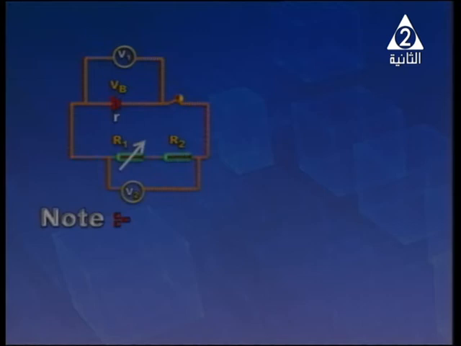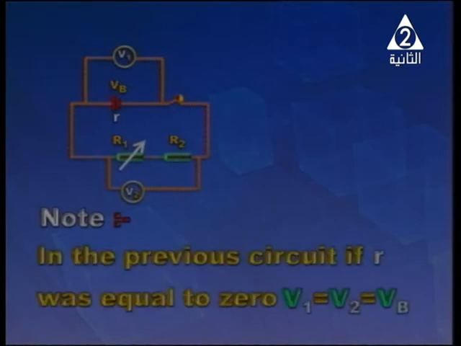Note, we've got something interesting here. In the previous example, what if the value of r is equal to 0? Then V1, which is equal to V2, will be equal to V battery, and V battery is constant.